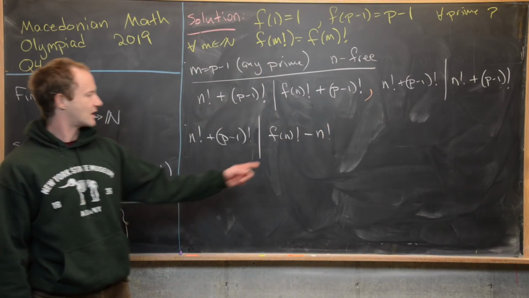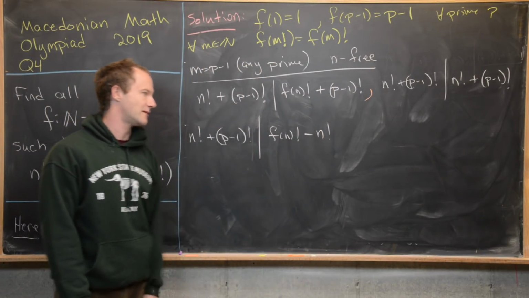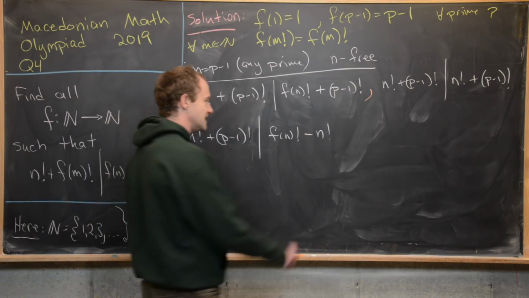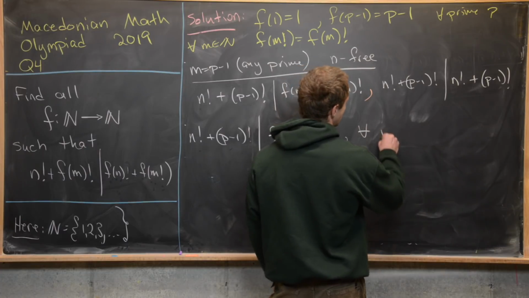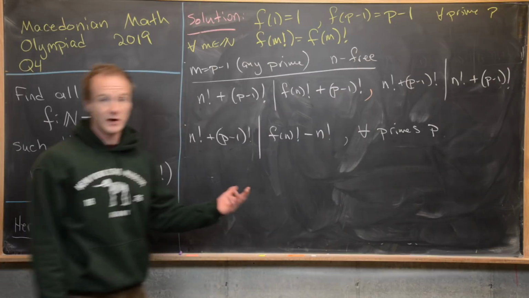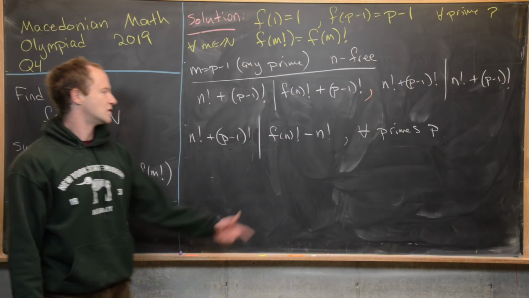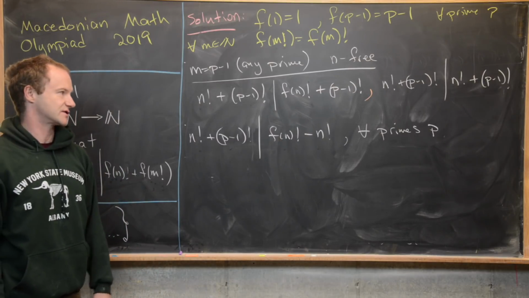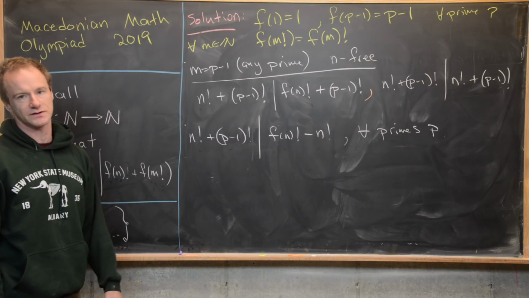So let's see what we've got. We've got f(n)! minus n! is divisible by this, but this divisibility holds for all primes p. But we know there are infinitely many primes, which tells us that this thing over here has infinitely many divisors. All of the primes are its divisors.